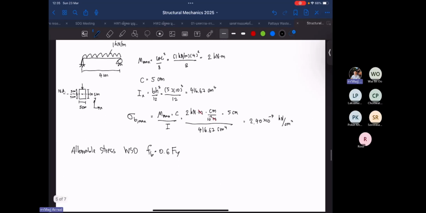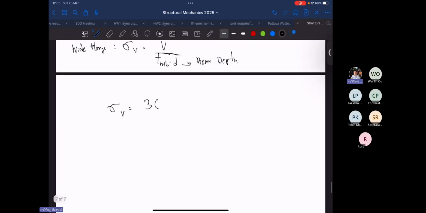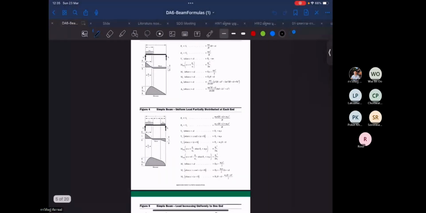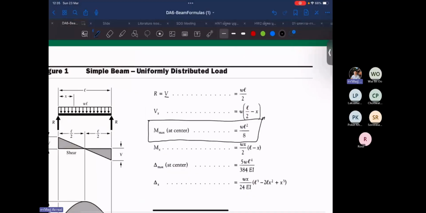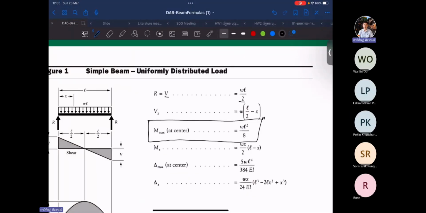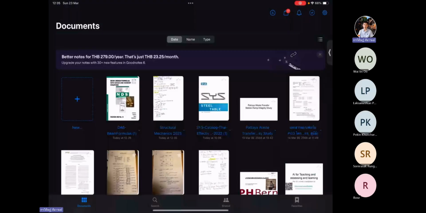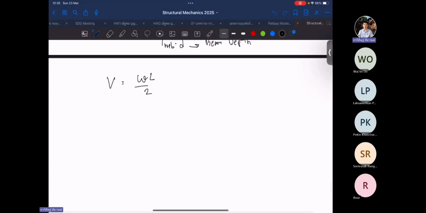Okay, shear force we haven't calculated yet, so let's say V equals omega L divided by 2. This one is according to V equals omega L divided by 2. 1 kilonewton per meter multiplied by span 4 meter divided by 2.